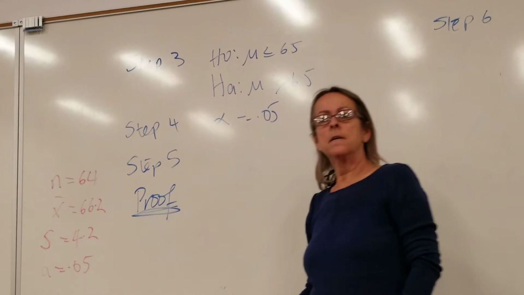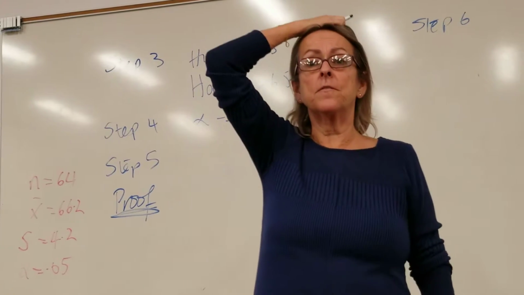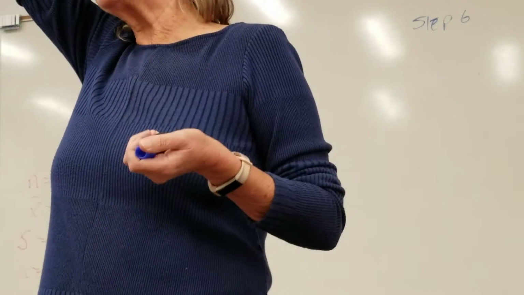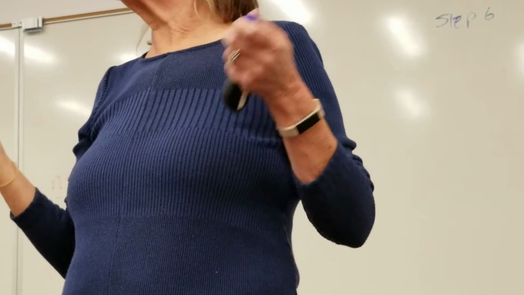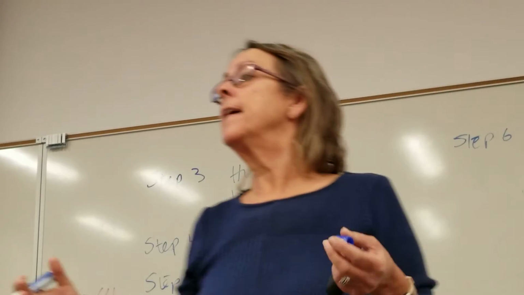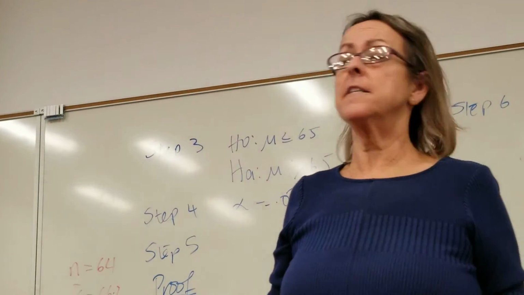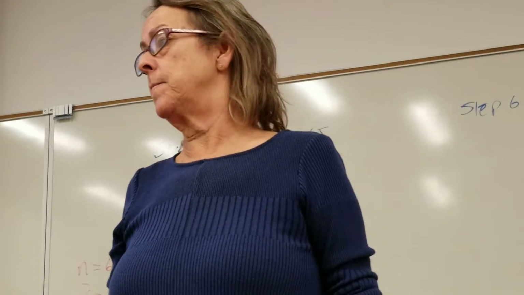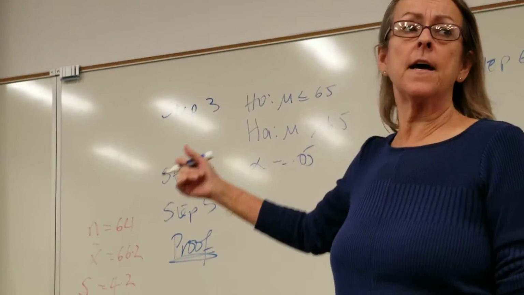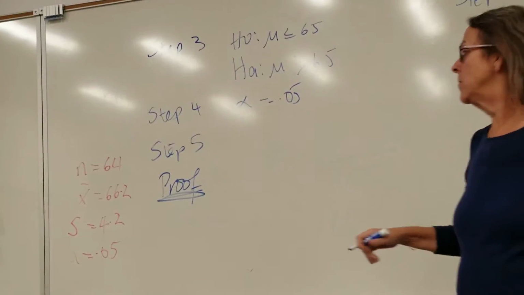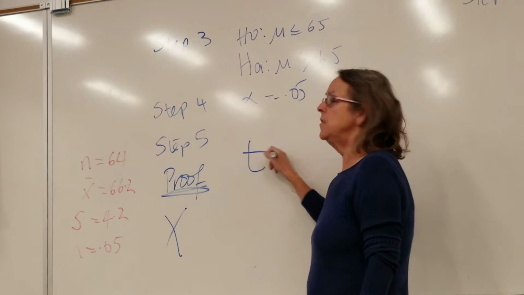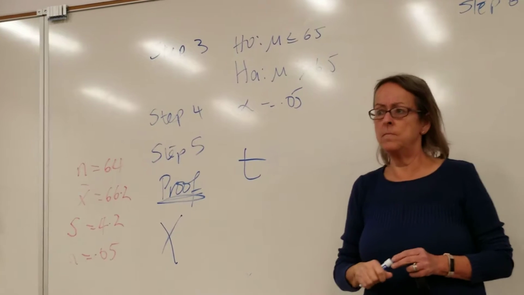Proof. There is no proof. The only proof that could apply when you have s instead of sigma is what? n is greater than 100, right? That's the only one that doesn't need sigma. n is more than 100. Do I have n more than 100? No, there's no proof. Therefore, I have to use a t-score.